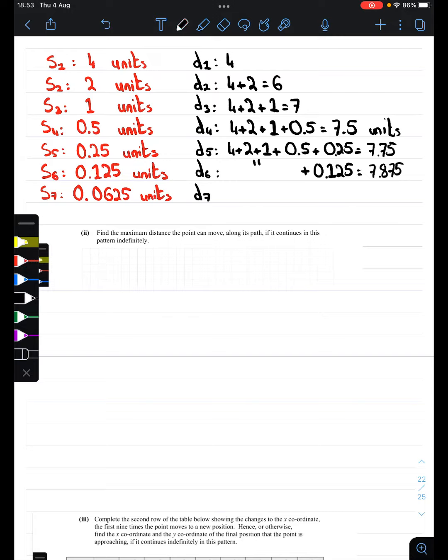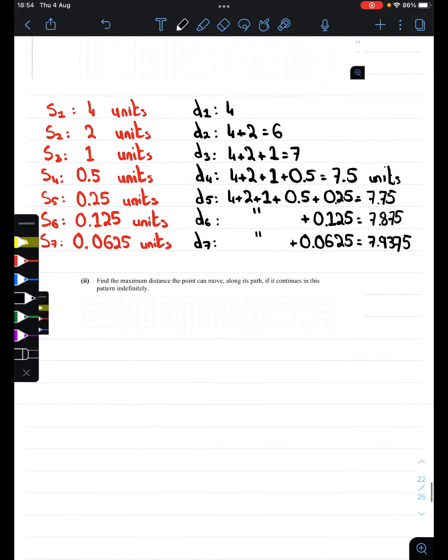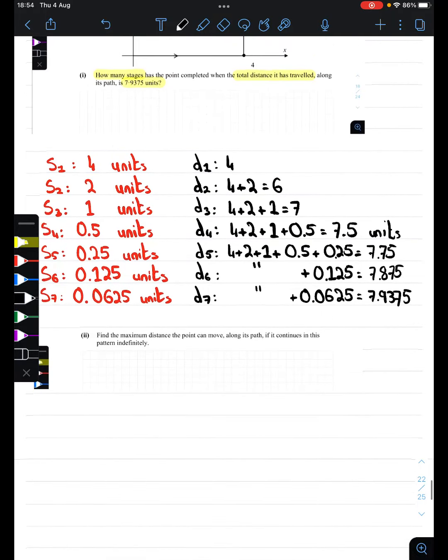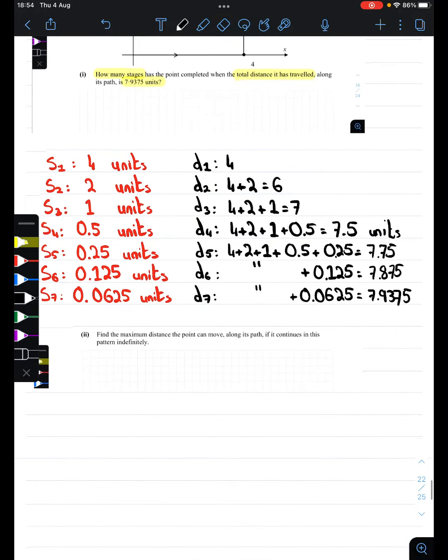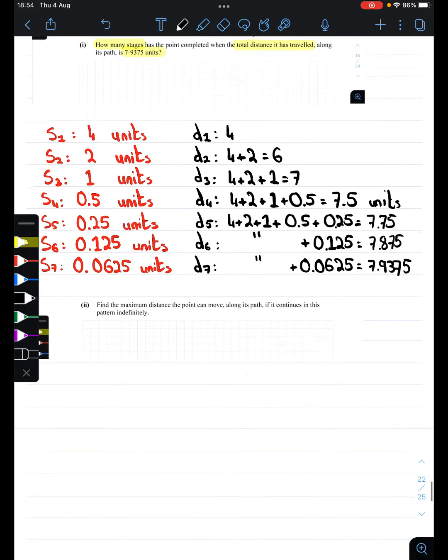So after 7 stages, he's traveled this plus 0.0625, which equals 7.9375, which is exactly what we're looking for. So after 7 stages, it has traveled a total of 7.9375.